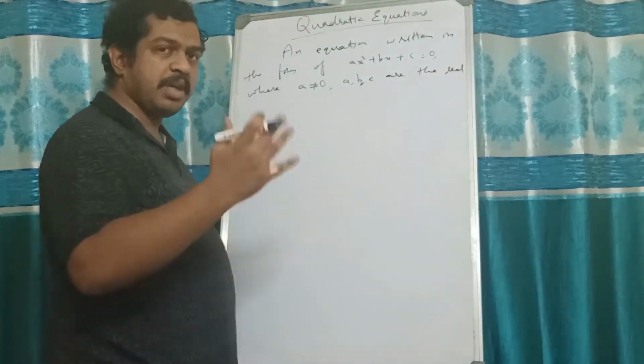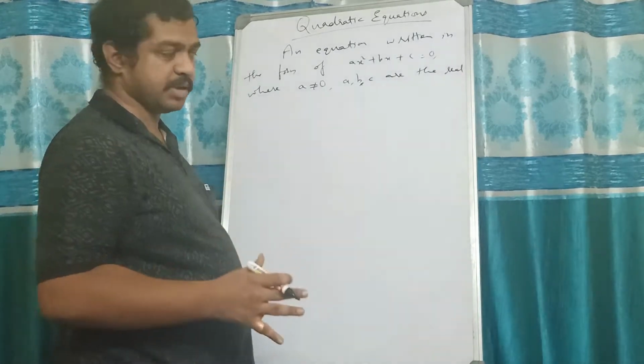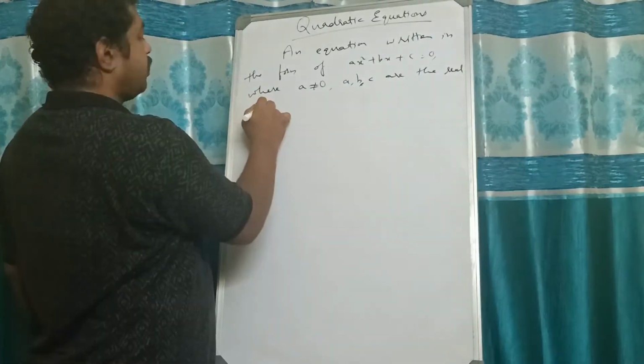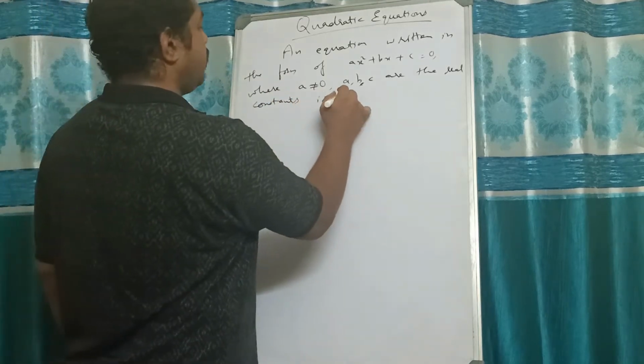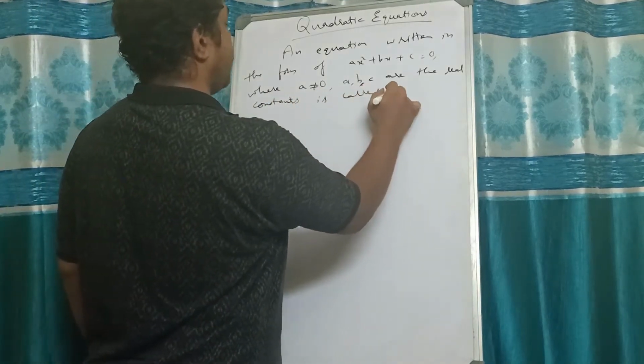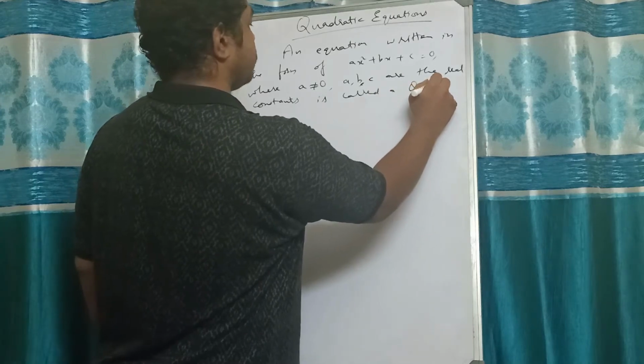That means a, b, c can be any kind of real numbers, so they are called the real constants. It's called a quadratic equation.